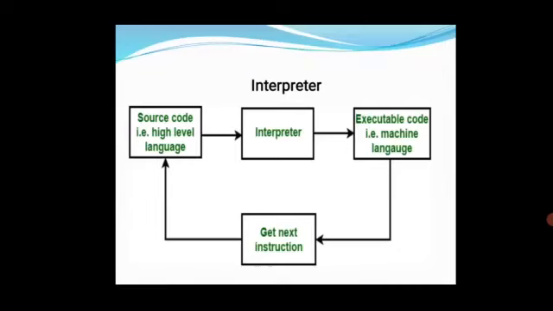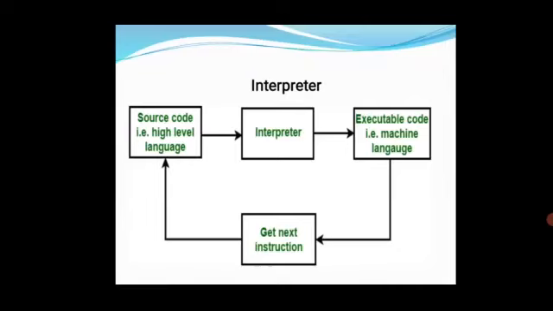Then it will take the third line and convert it into machine level with the help of the interpreter translator. Did you understand, student? So interpreter means line by line conversion will take place.